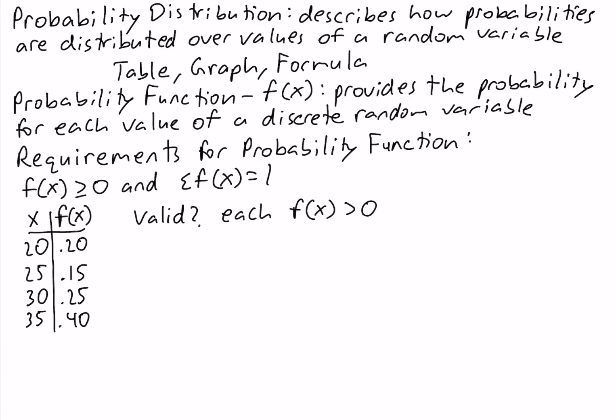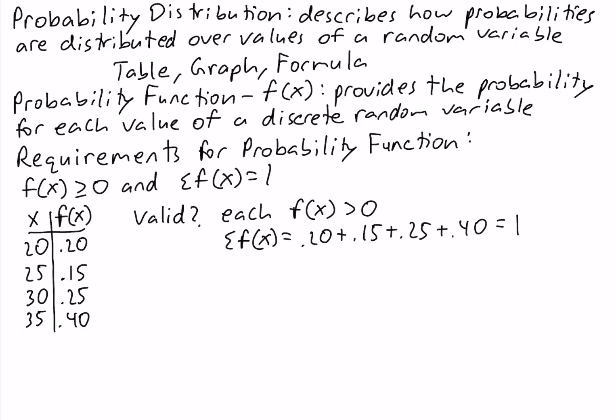So this means that the first requirement is satisfied. Now let's look at the second requirement. The sum of f of x is equal to 0.20 plus 0.15 plus 0.25 plus 0.40, which is equal to 1. So the second requirement is satisfied as well, so both requirements are satisfied.